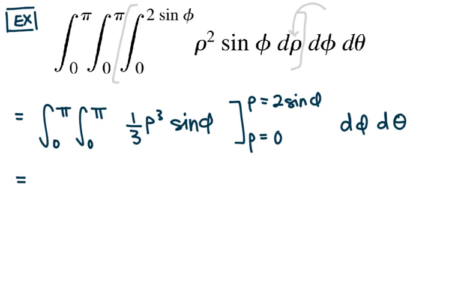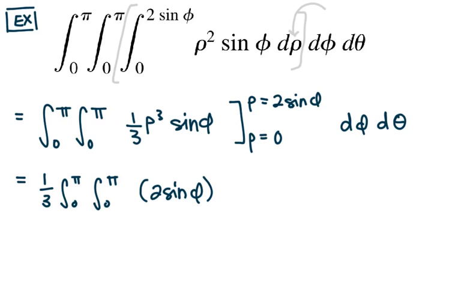So I'll go ahead and pull that 1/3 in front. I've got 0 to pi, 0 to pi, and I'm going to end up with 2 sine phi cubed.